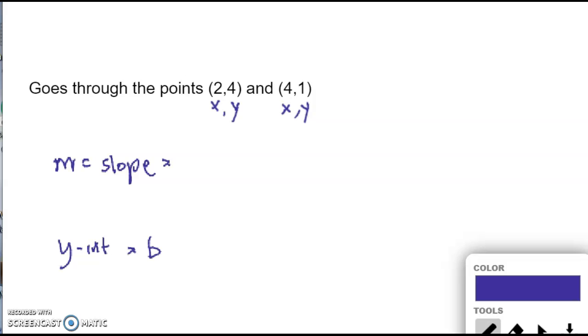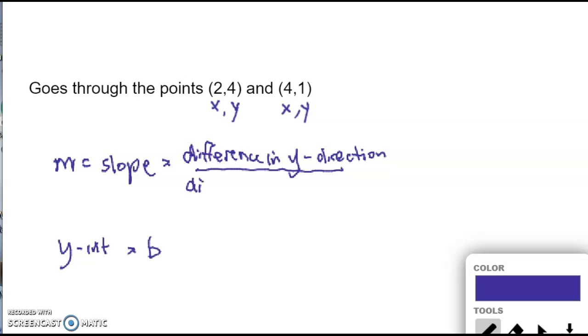same as the difference in the y direction over difference in the x direction.